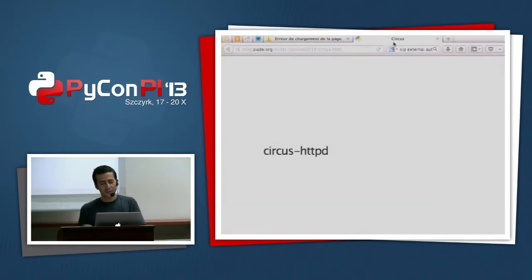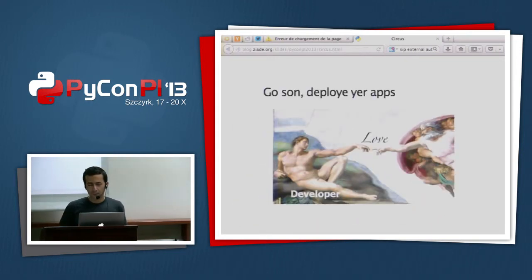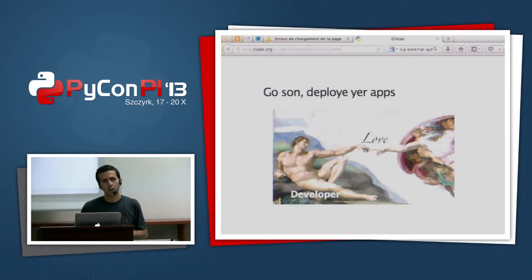So you'll have a Circus HTTPD demo before the end of the conference, or before the end of the year, I swear. All right, so we're happy with this system because we can now provide our ops with a simple configuration file in our Python project and say, hey, my Circus file is here at the top, and they can tweak it and just run our Python application using Circus everywhere.